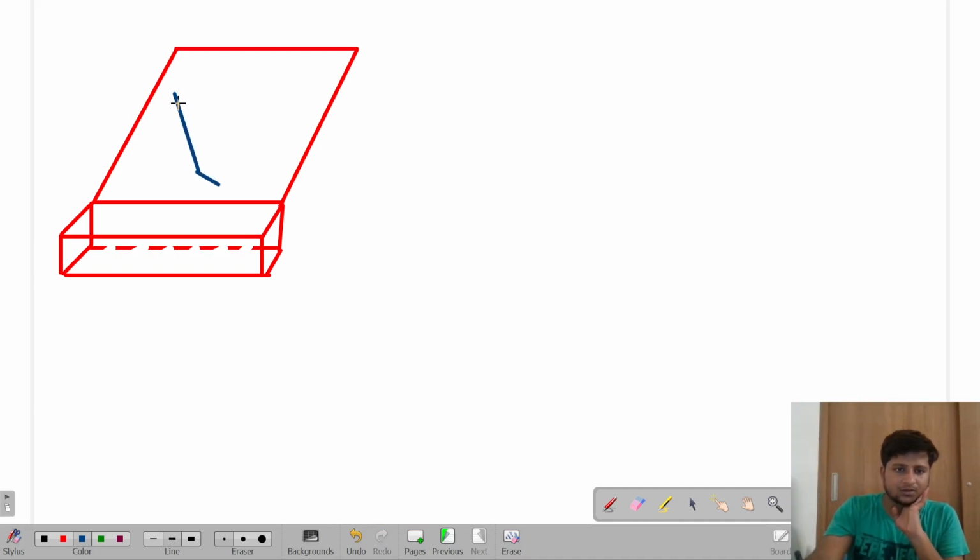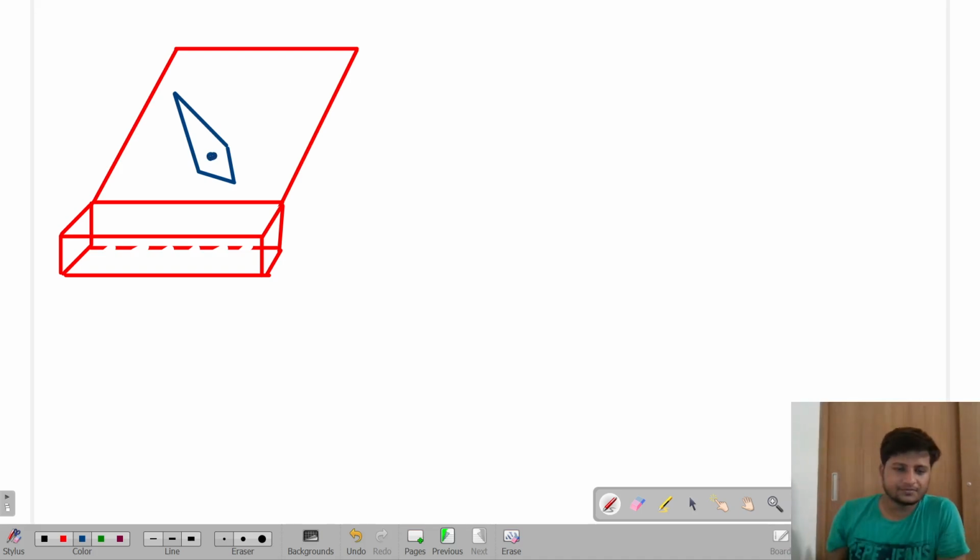There is a particular kind of pointer, like a needle, which will tell about the currents.